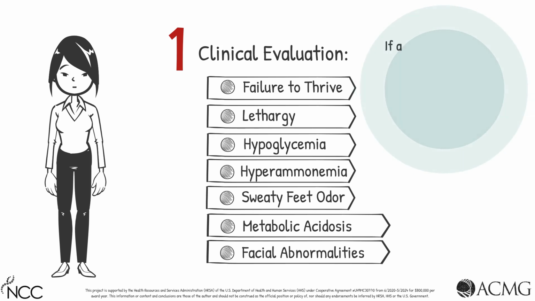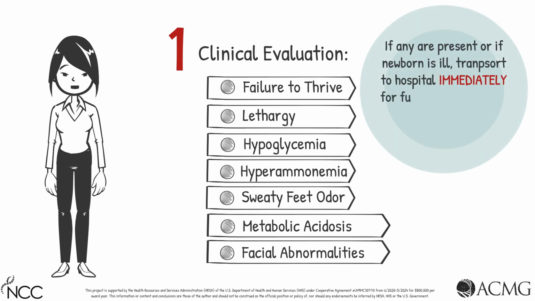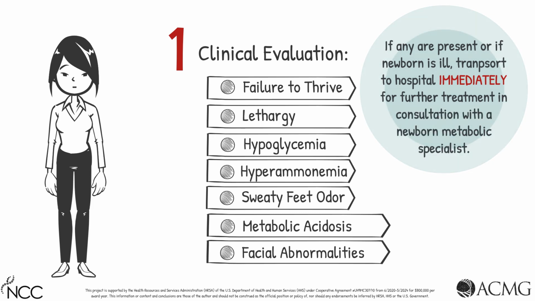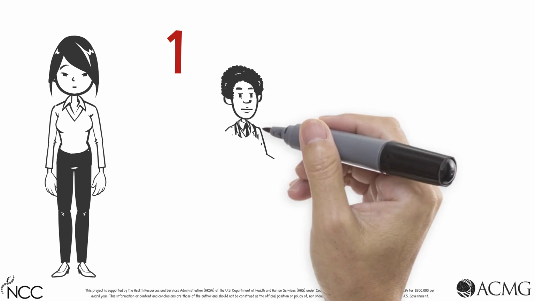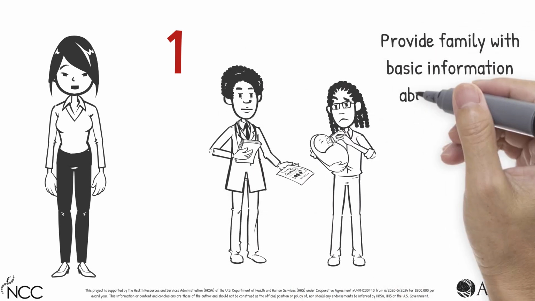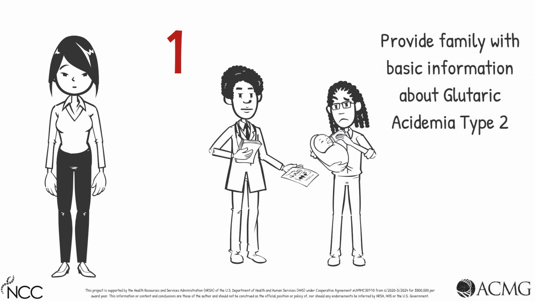If any of these findings are present, or if the newborn is ill, transport to a hospital immediately for further treatment in consultation with a metabolic specialist. Provide the family with basic information about glutaric acidemia type 2.